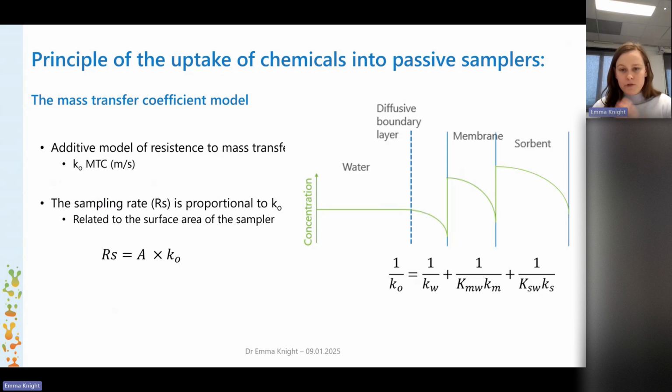And I'm not sure if you can see my mouse or not, but it is the additive resistance of your water boundary layer, so your chemical has to go through your water boundary layer, to go through your membrane, and then to go through your sorbent. And your sampling rate is proportional to the mass transfer coefficient. And your sampling rate is usually milliliters per day and related to the surface area of the sampler. And I'll get into a little bit more about this as we keep going through the slides.